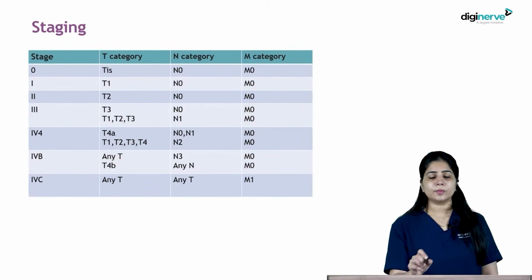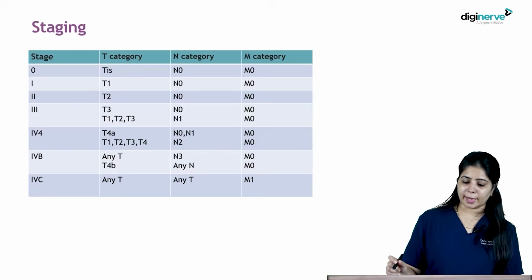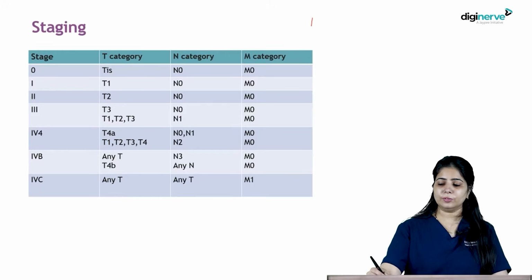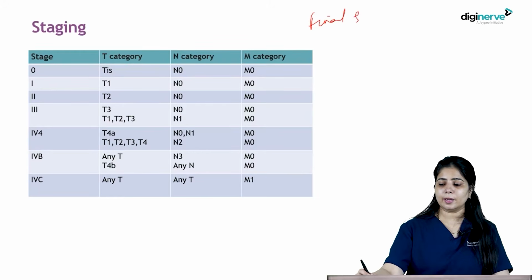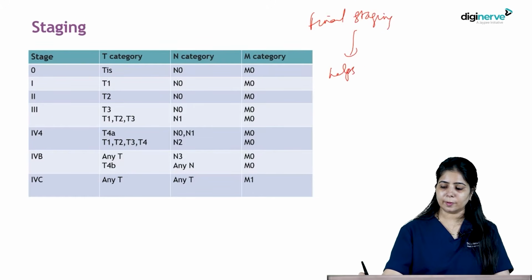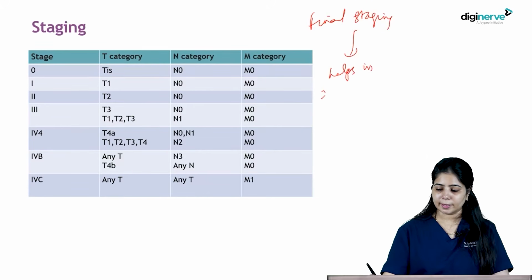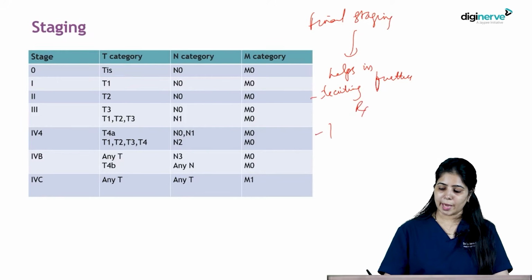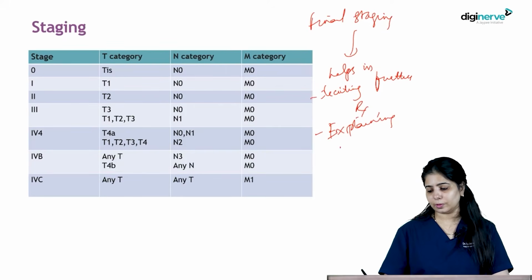So once we know what is the T and what is the N stage and of course M, we can finally decide on the final staging, and this helps us in deciding further treatment and explaining prognosis, okay.